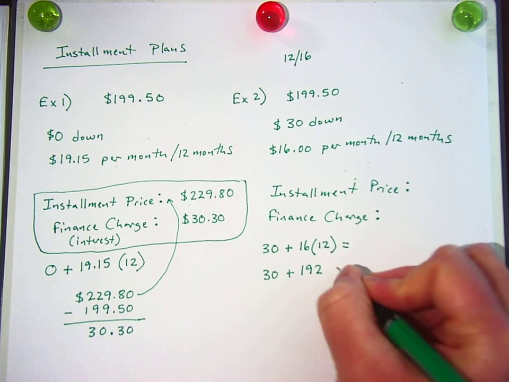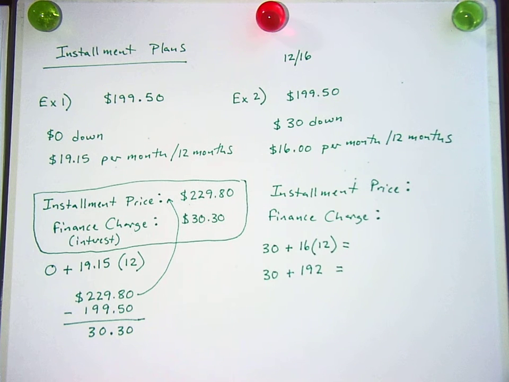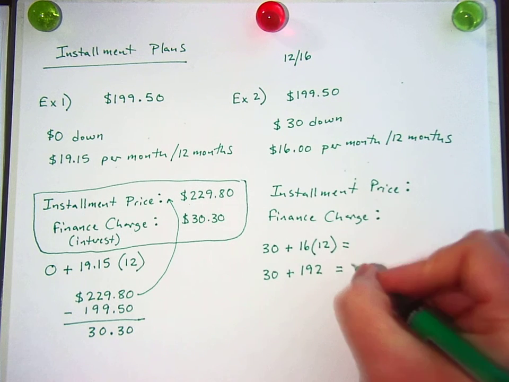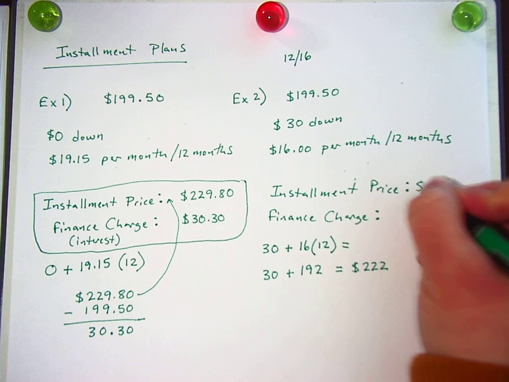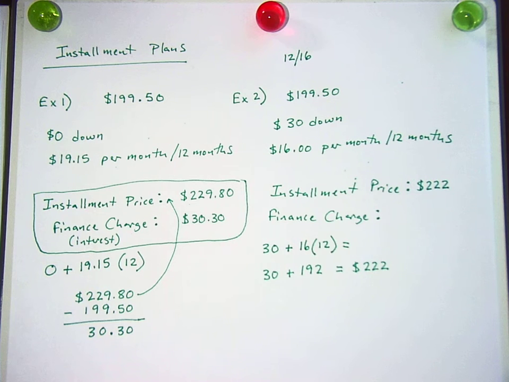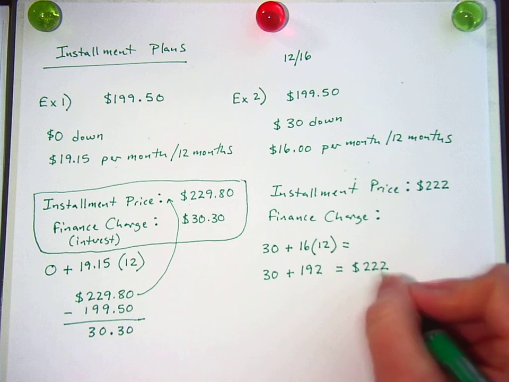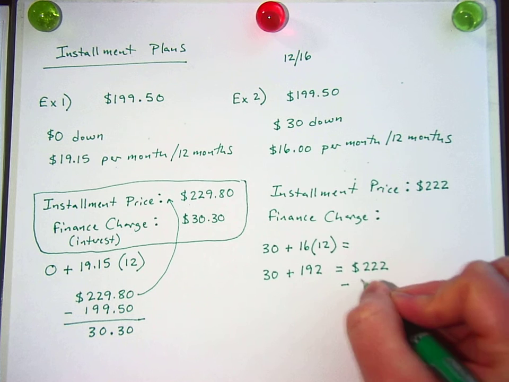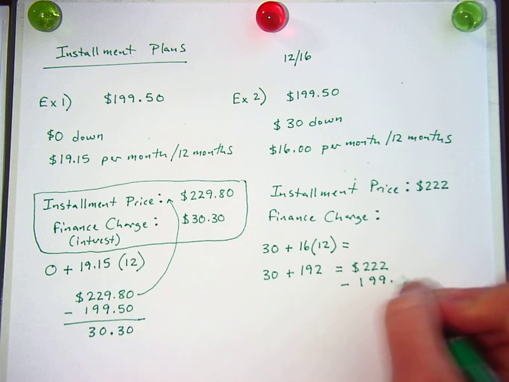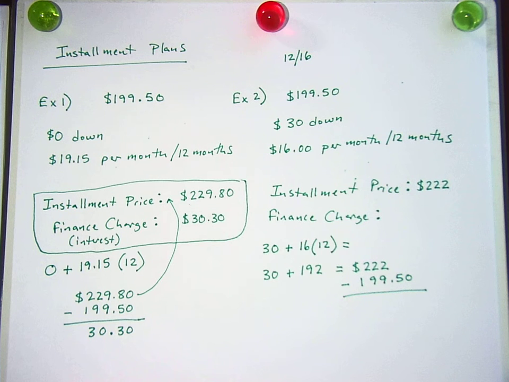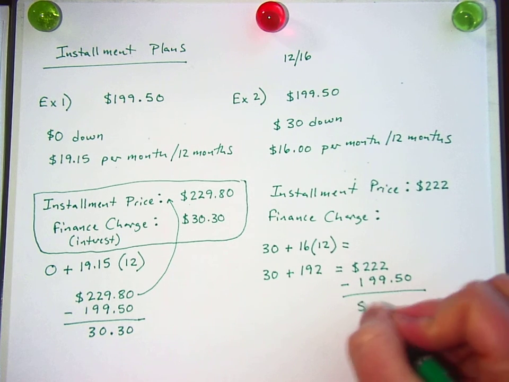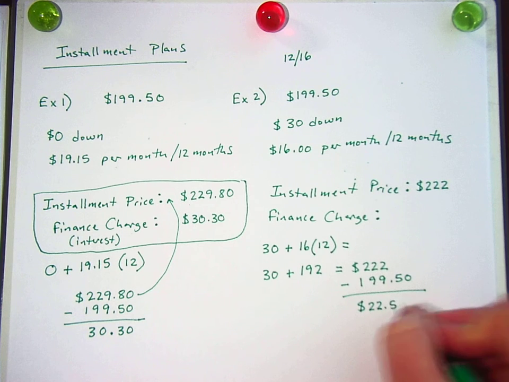If I add $30 to that, I get $222, which is the installment price. And then the finance charge again, you take that $222 and you subtract what it originally was. Which is $22.50.